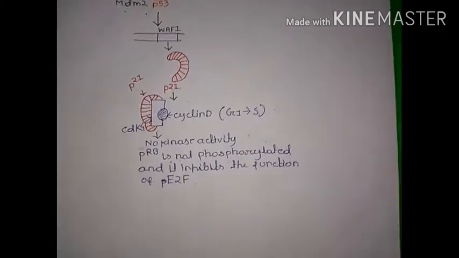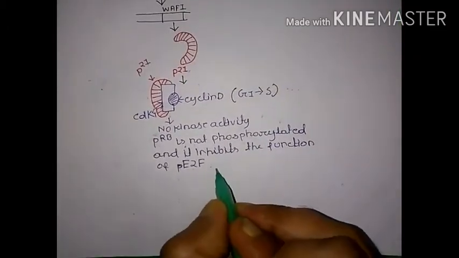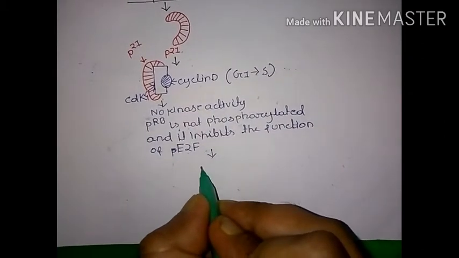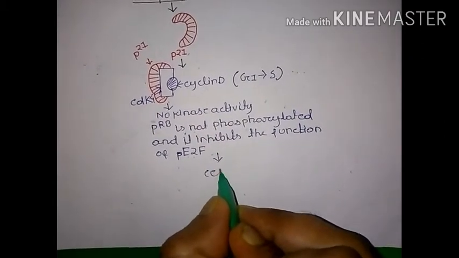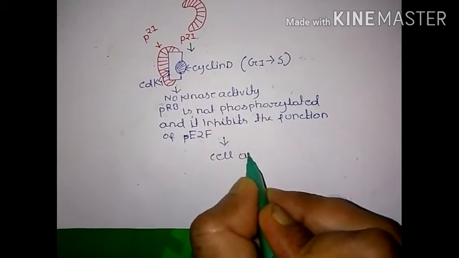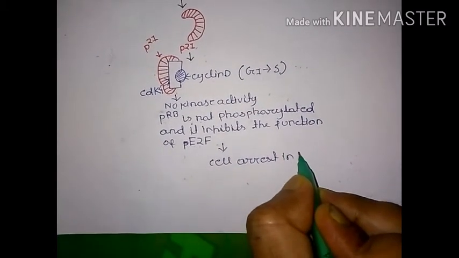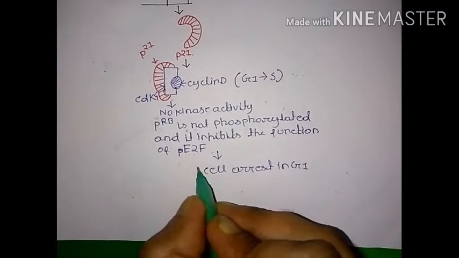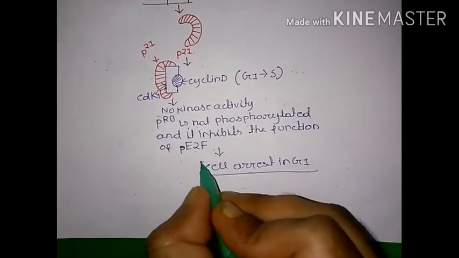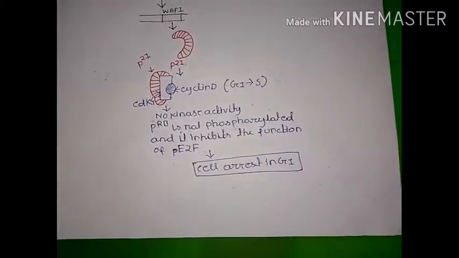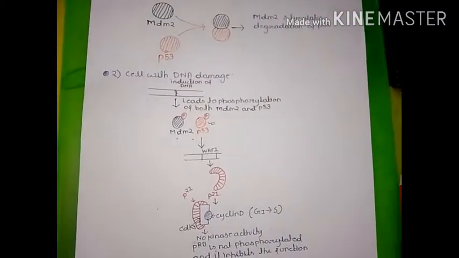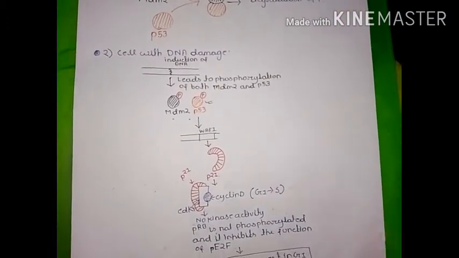So it inhibits the functions of E2F and ultimately the cell arrests in G1. So ultimately the cell remains arrested in G1 until the repair process is completely done. So this is the process, this is the role of p53.